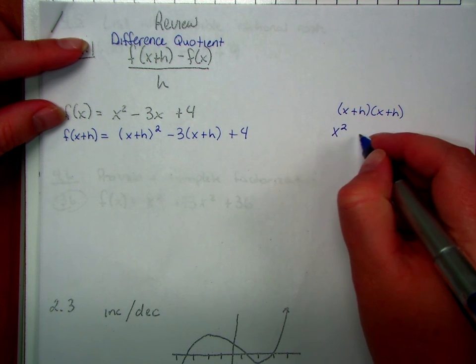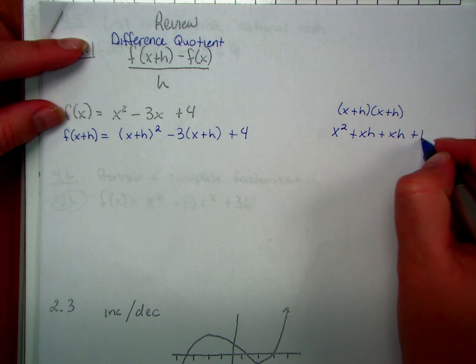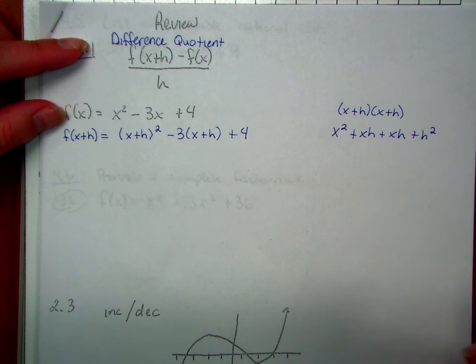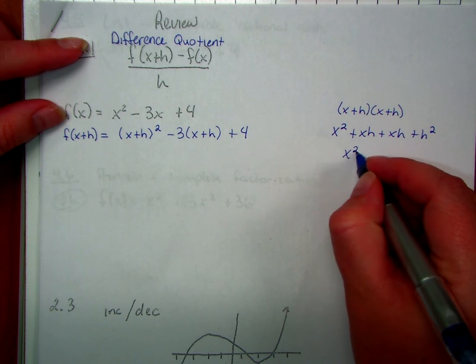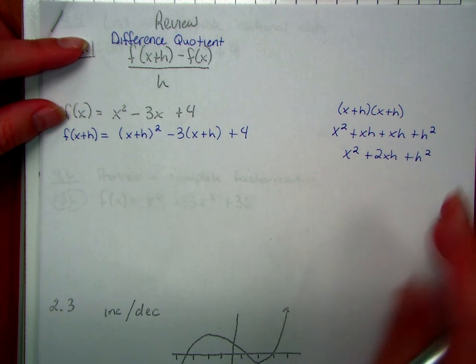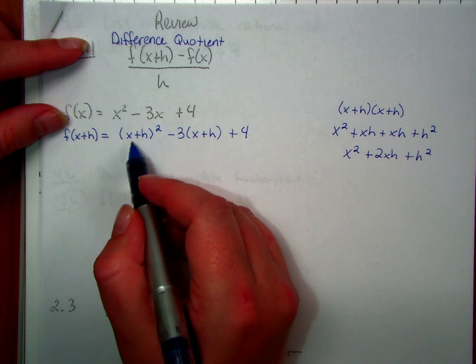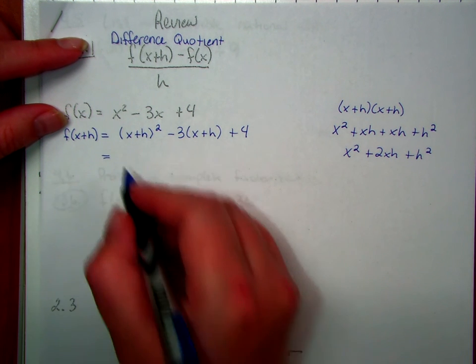First, outer, inner, last, and then the outer and the inner terms will add together. So we get x squared plus 2xh plus h squared, right? So after I square x plus h, I'm going to replace it with this quantity.